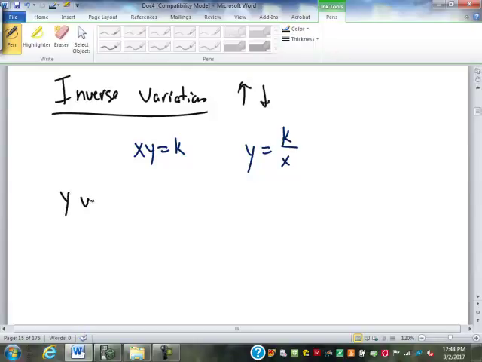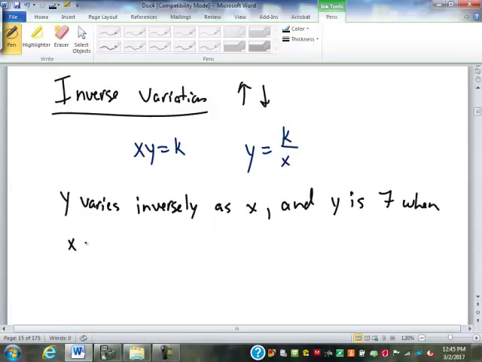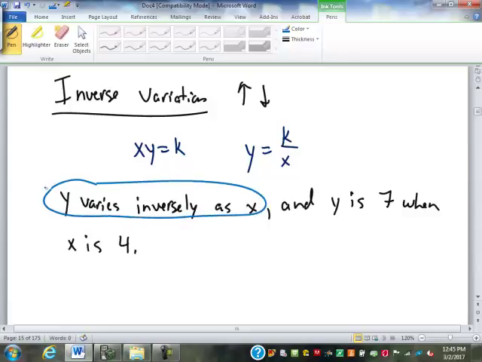If I tell you y varies inversely as x, and y is 7 when x is 4, what we have here, y varies inversely as x, is telling us we have that form of the equation right there, y equals k over x.